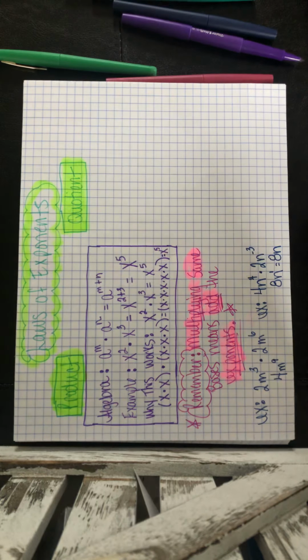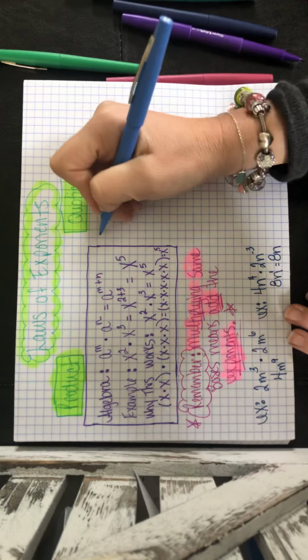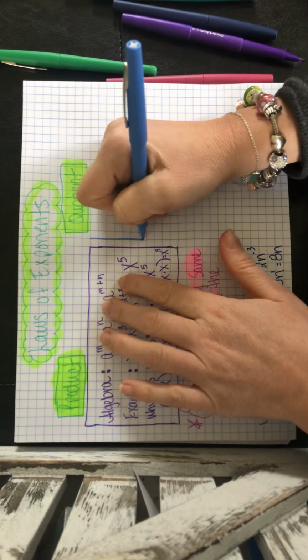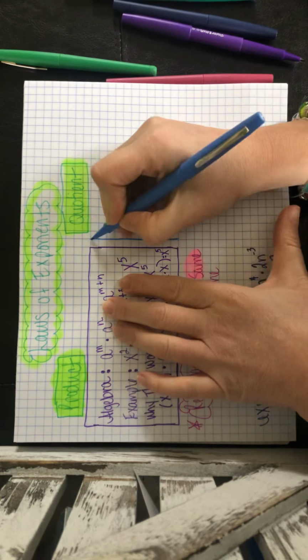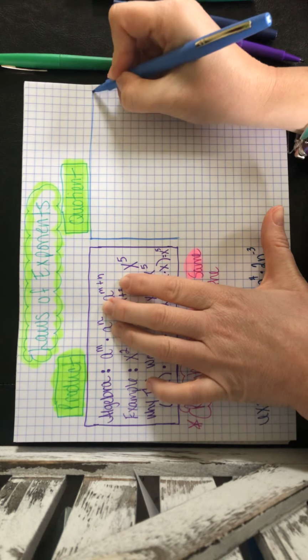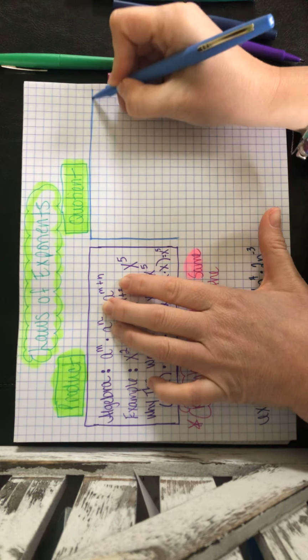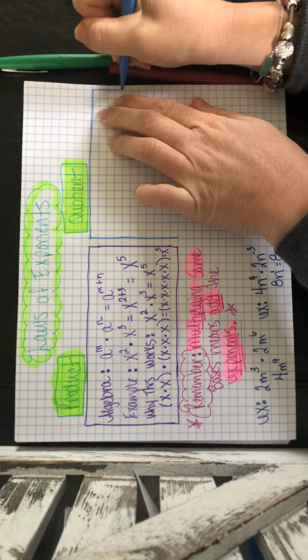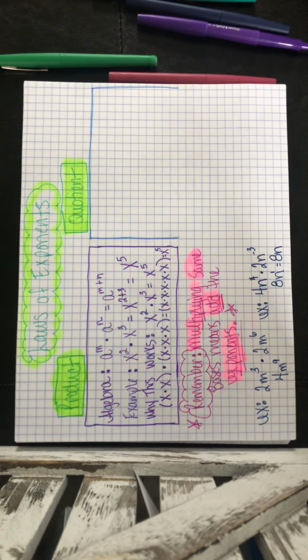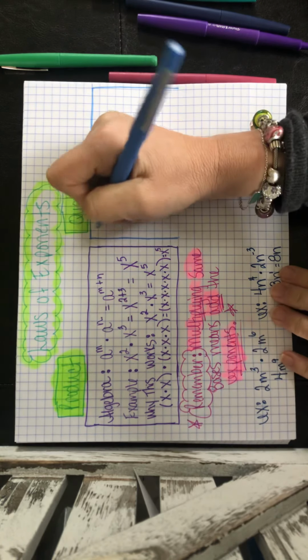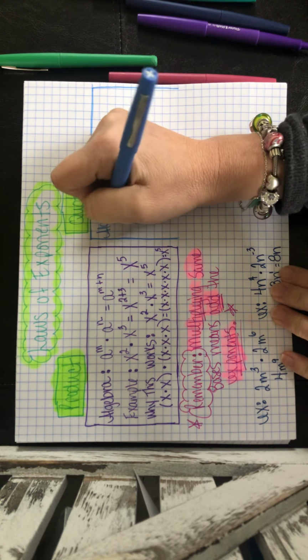Okay, now let's take a look at the quotient property. So I'm going to draw another rectangle here. We put our information inside of this. All right, so we'll stop there. So the quotient property, the algebra behind this.